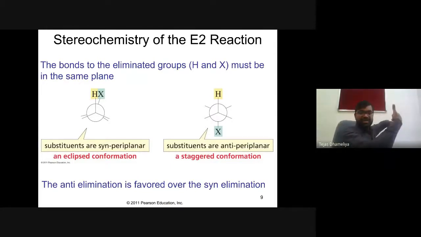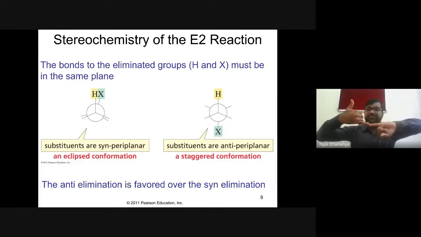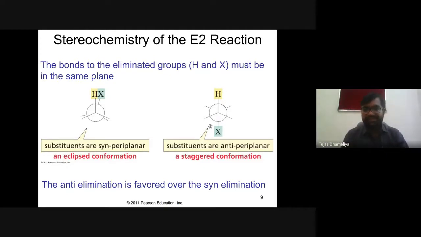My hand is in the way, so you may not be able to observe it properly, but when these two carbons are connected through a single bond, one will be at the top and the other at the bottom. This is the anti-periplanar configuration.